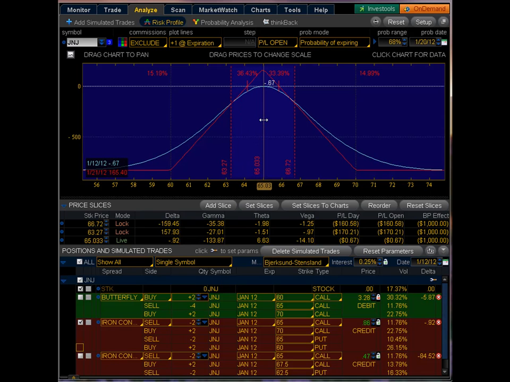Since you have the shorts at 65, if it's at 64 and a half, you'll get exercised on one side. If it's at 66, you can still make money, but you're going to get exercised on the other side. So it's best to exit this one as well, even though it is a credit trade. So be careful of that.